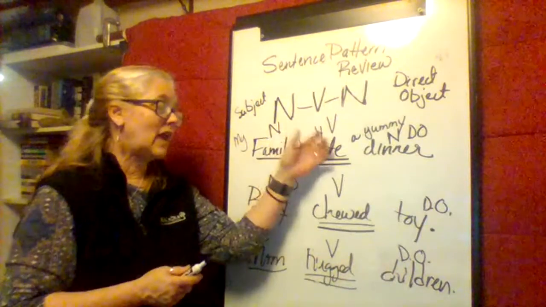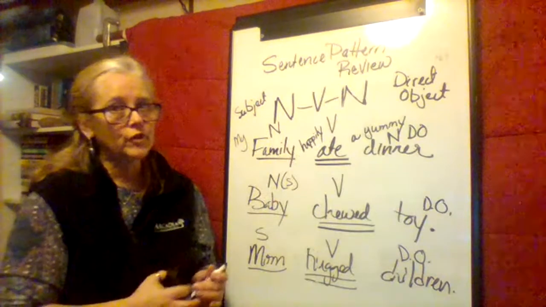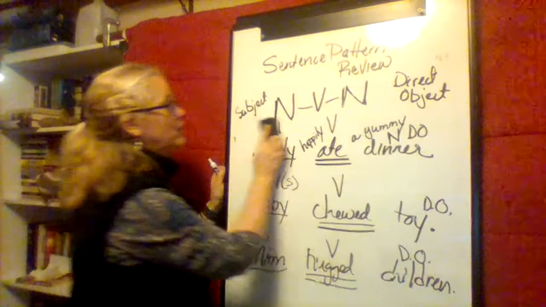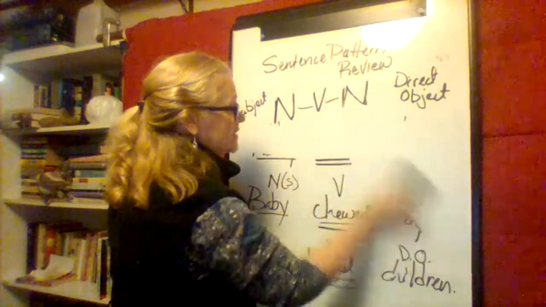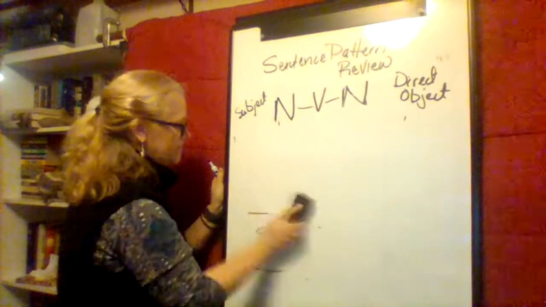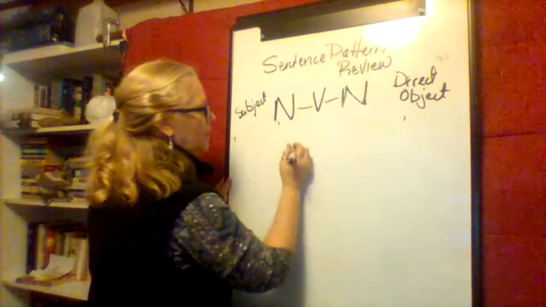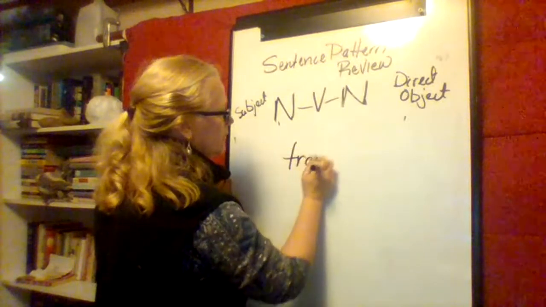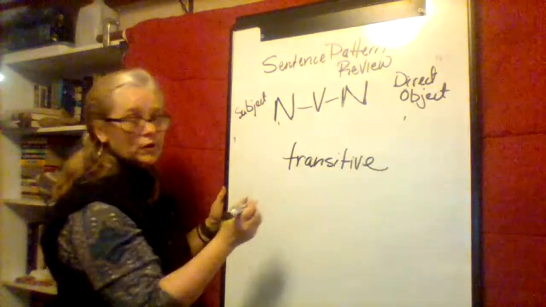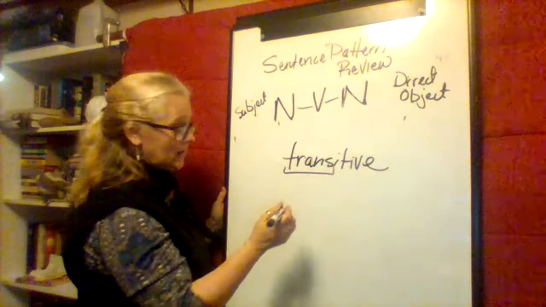Now, not all verbs can take a direct object. The verbs that can are what we call transitive verbs. The word transitive comes from the Latin word trans, which means across.